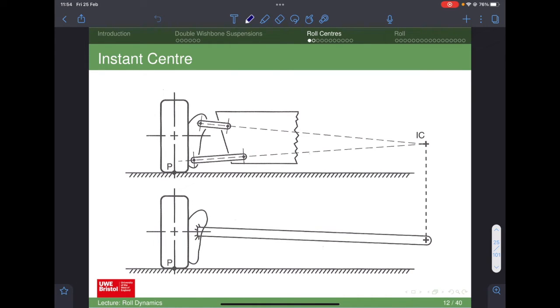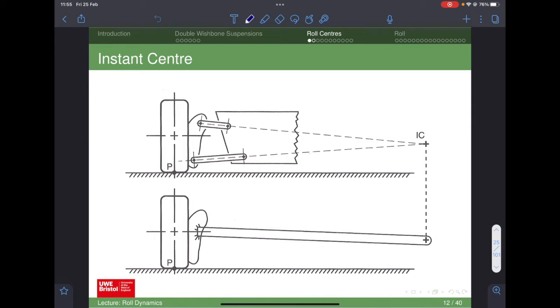And then basically, the motion of this wheel and the chassis, with this setup, is effectively the same as if the swing arm pivot was over there. So here's your vehicle. The motion of this wheel with respect to the chassis is, in this situation, the same as if you have a swing arm that long.